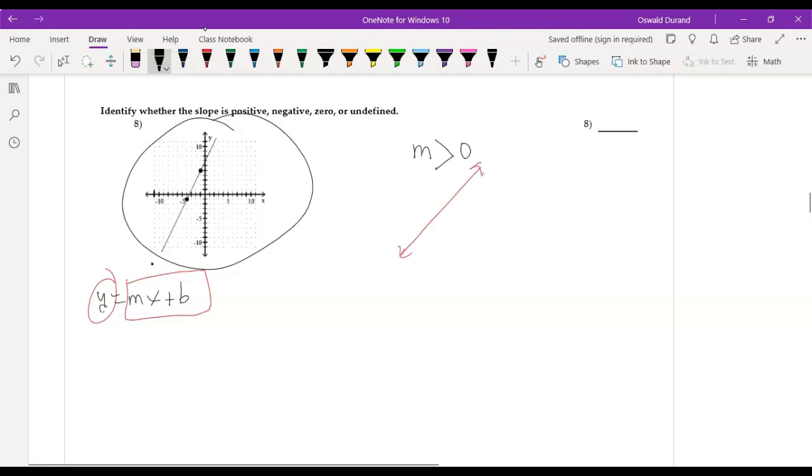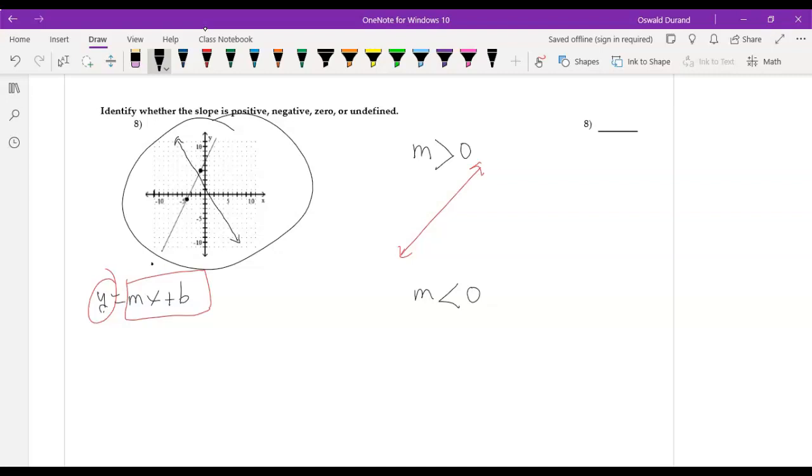Now, when m is less than 0, meaning it's negative, then my line is going to look something like this. Okay, and you can see that on the x-axis it's starting on the positive side, so it's positive here, all the way up to here, and then it's on the negative side.